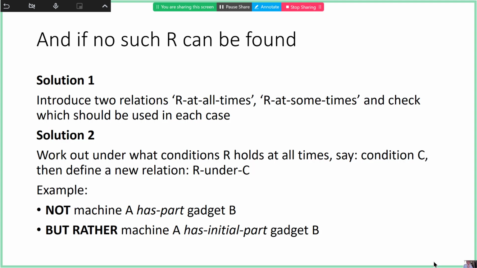So even here, you would still have the problem. So let's suppose you have a machine A, and it has part gadget type B1 when it's first built. And then in the typical case, it will always have a gadget type of B1, big B1, throughout its life. But then after 6 years, the gadget type B2 is invented.